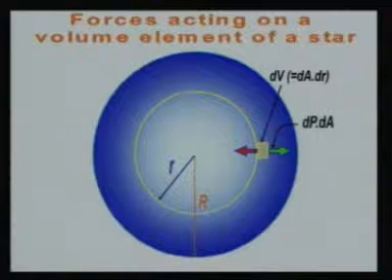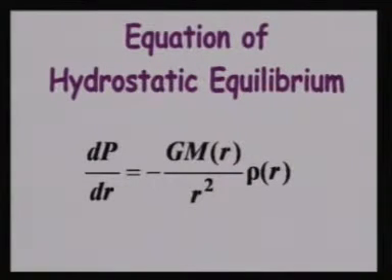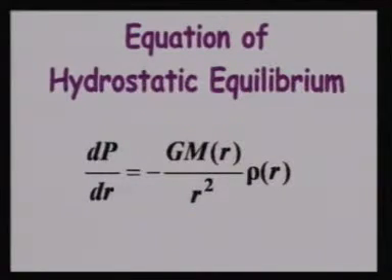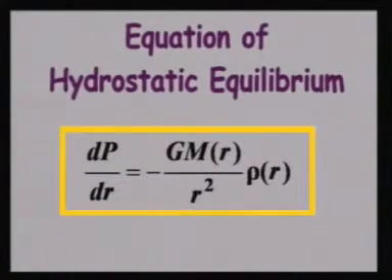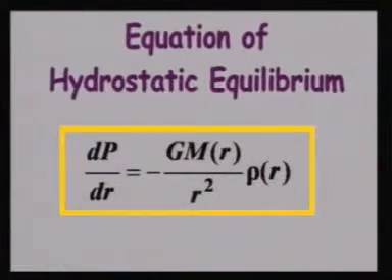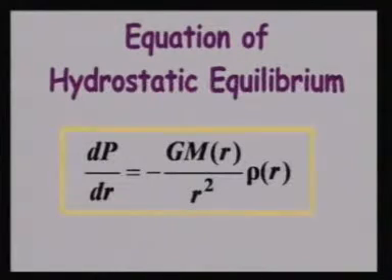hydrostatic equilibrium. In terms of mathematics, the equation is dP by dr, that is pressure gradient, is equal to minus G M(r) by r squared times rho(r). This minus sign is because the two forces must be equal and opposite. And rho(r) is the density and M(r) is the mass inside a sphere of radius r.